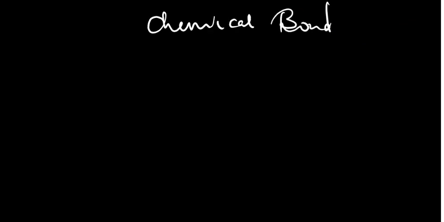Okay, the next thing that we're going to talk about is electron chemical bonds. While talking about chemical bonds, we're going to highlight them first. We have what we call covalent bonds.